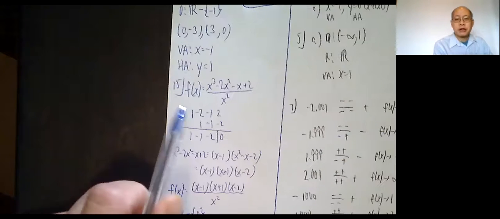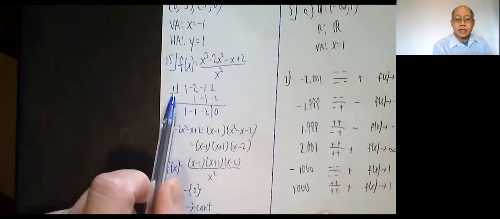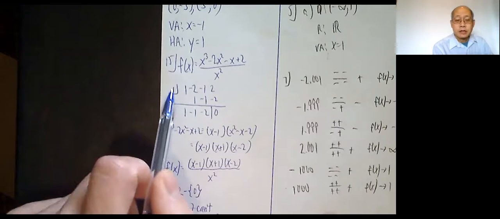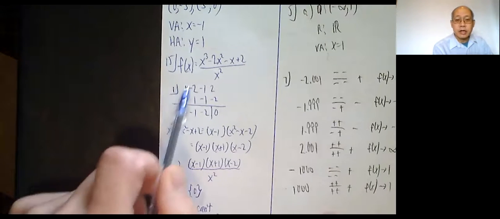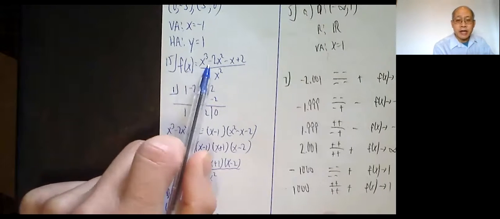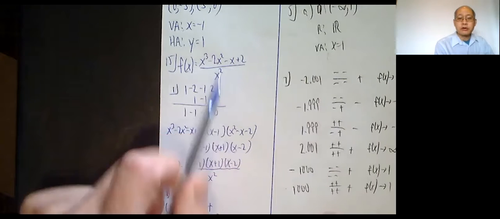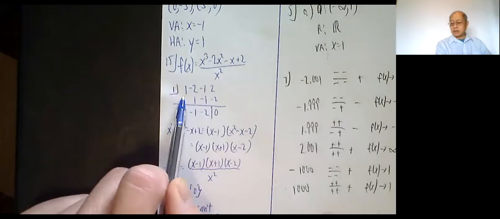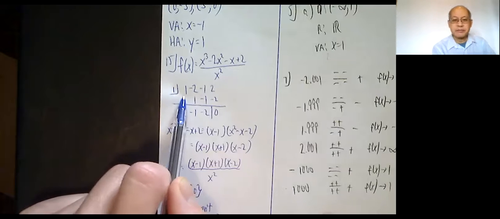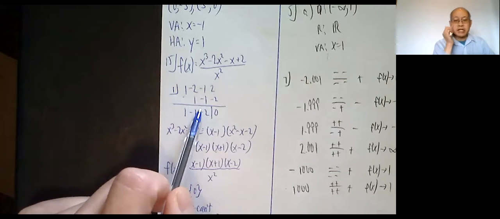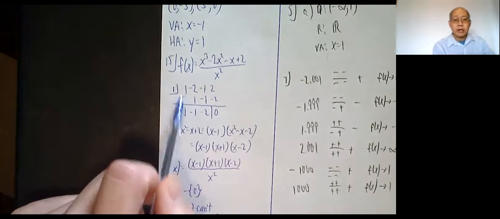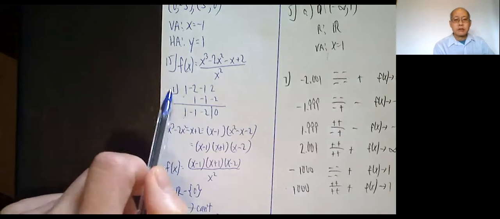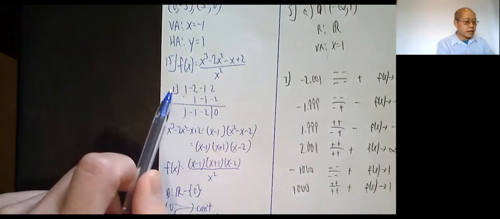So I did polynomial synthetic division. Remember synthetic division? 1, and then the coefficients: 1, negative 2, negative 1, 2. So this means the units, that means x, that means x squared, that means x cubed. We already know that. It's good practice for synthetic division. 1 comes down, multiply, add, multiply, add, multiply, add.